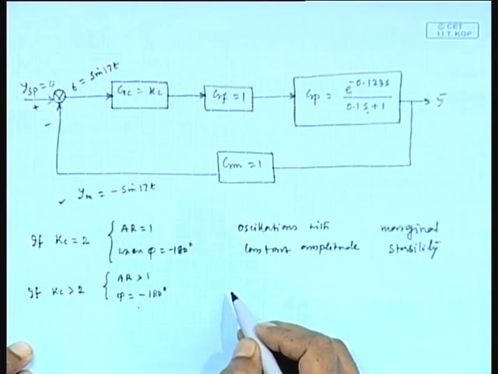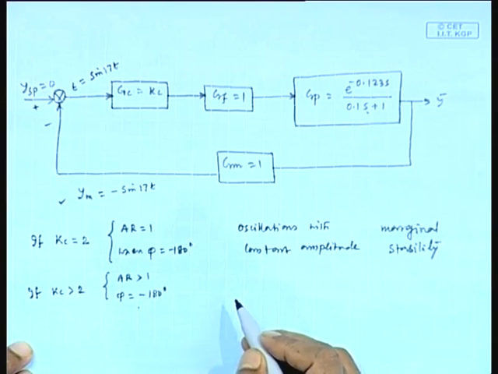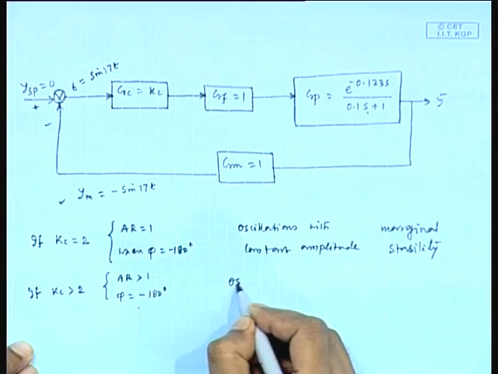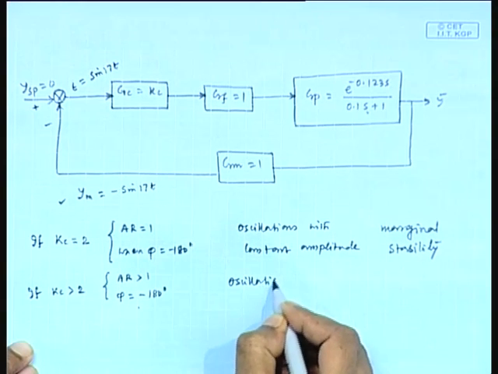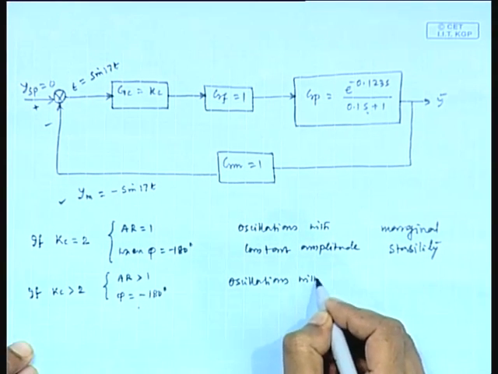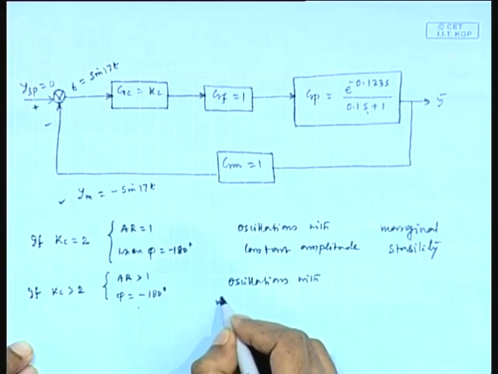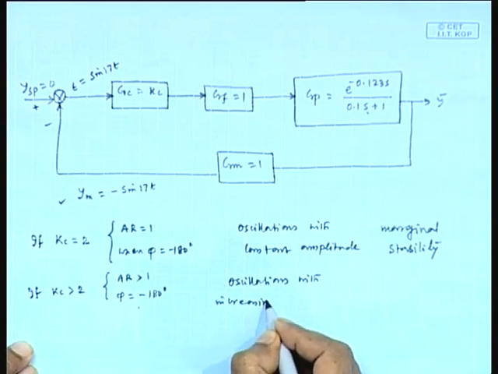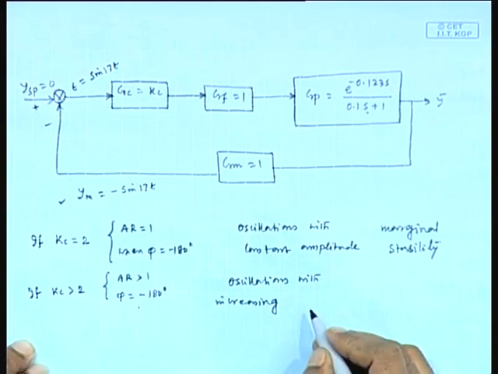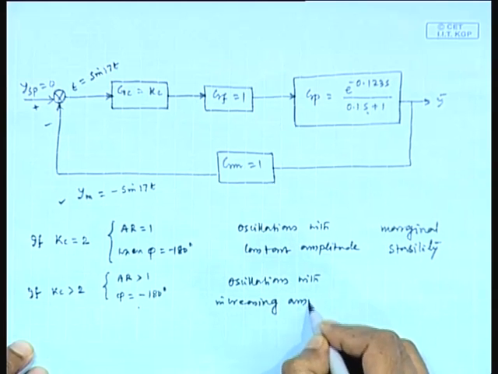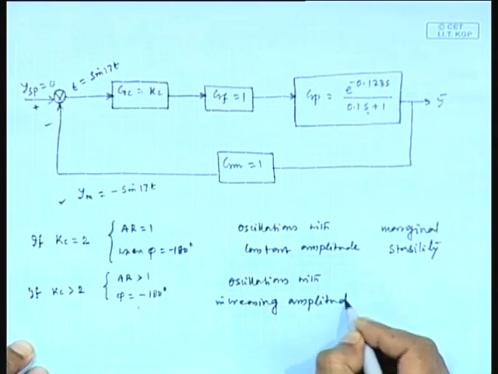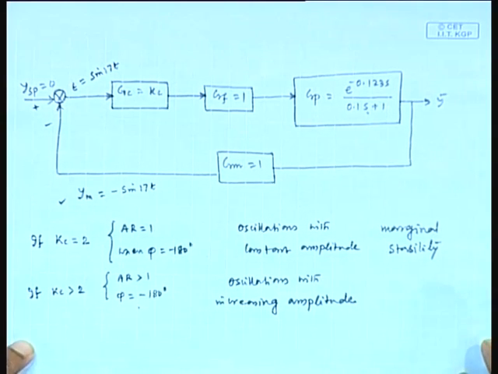So, what type of response can we obtain in this condition? Oscillations with increasing amplitude. Then what about stability?